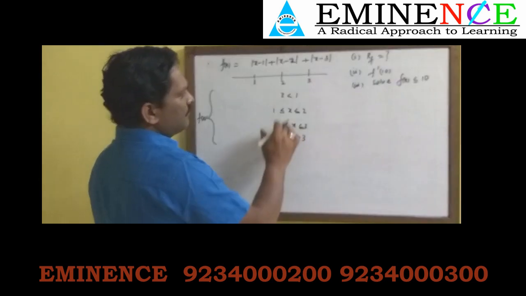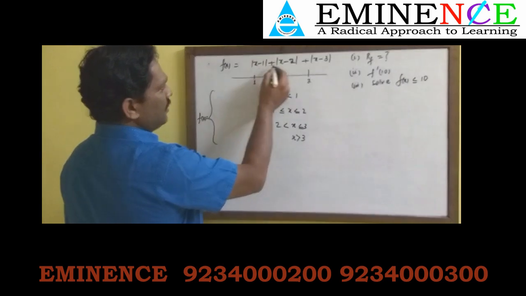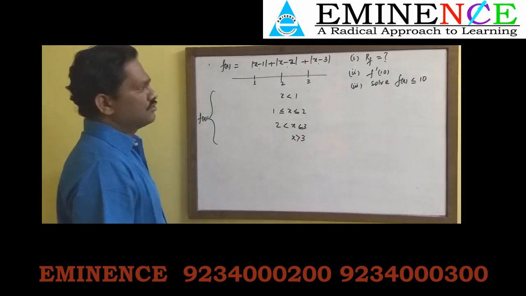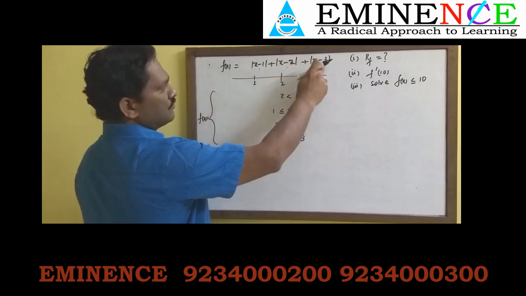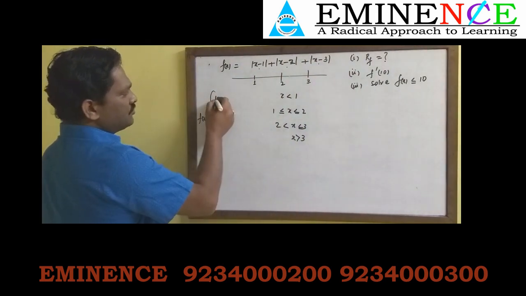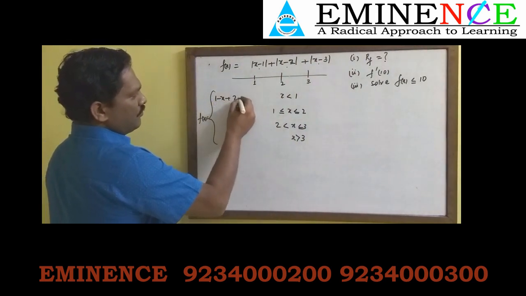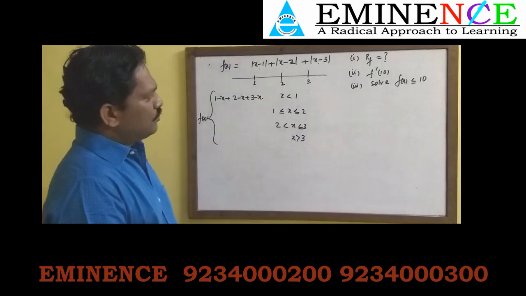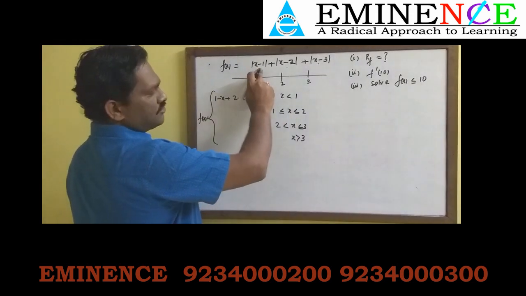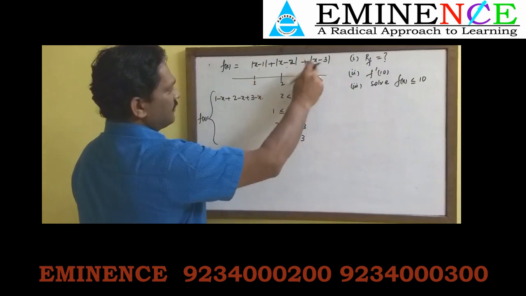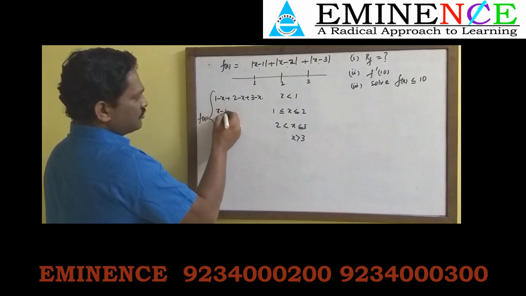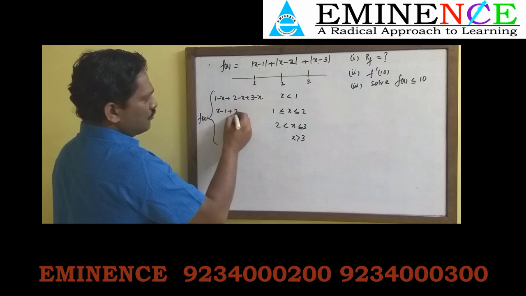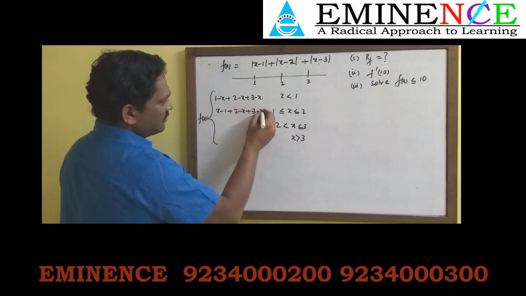See, for x less than 1, all three of them are negative, say if I put 0, minus 1, minus 2, minus 3. So that means just multiply all of them with a minus sign and write it. Between 1 to 2, this is positive, but these two are negative. So it will be x minus 1 plus 2 minus x plus 3 minus x.